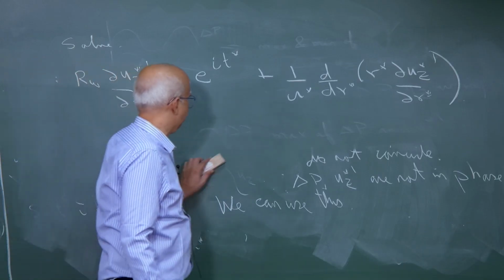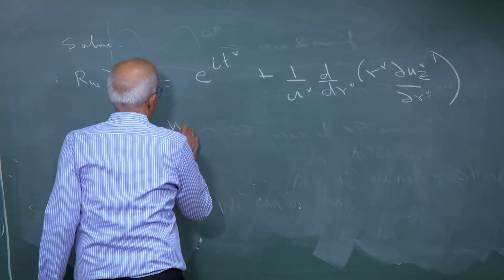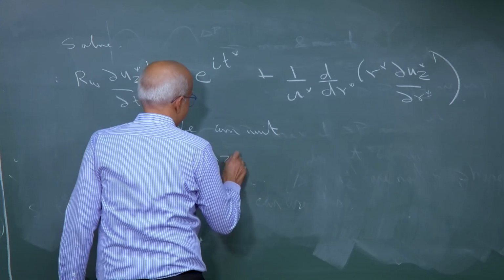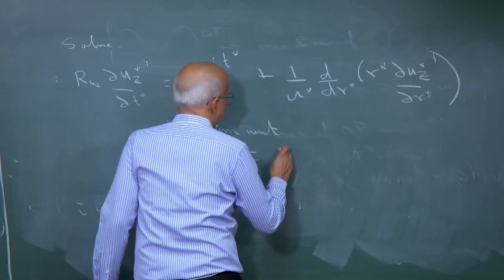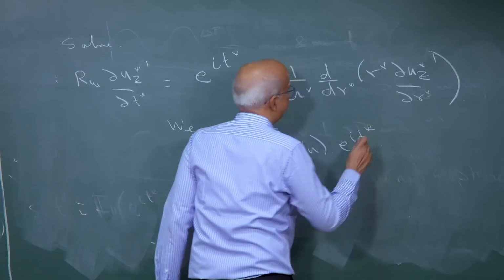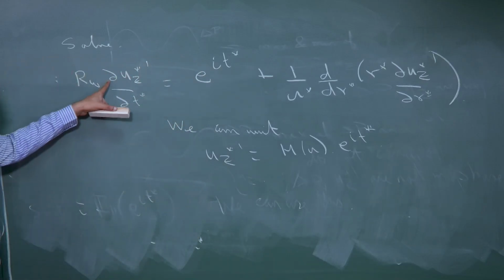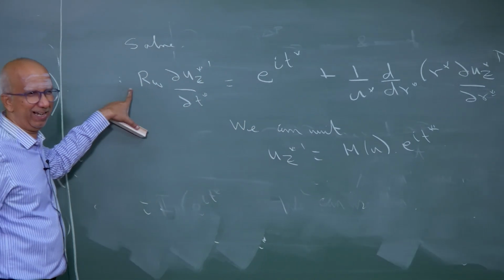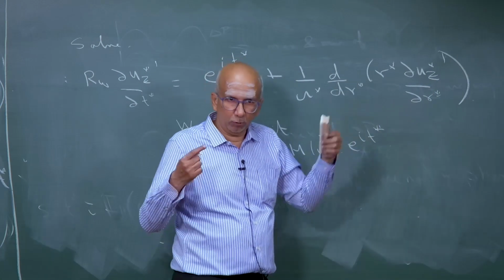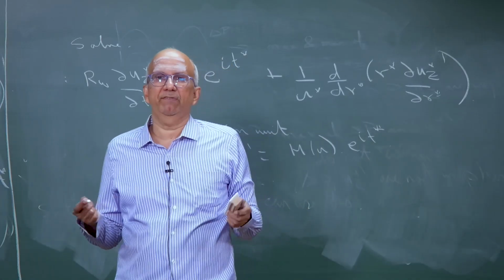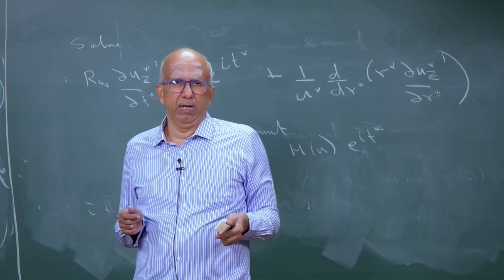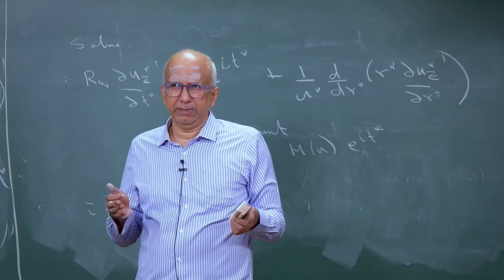So I can solve this problem because now we can write uz star of 1 as some h of r multiplied by e power i t star, because when I differentiate e power i t star, I will get an i times e power i t star, and I can cancel e power i t star. I get an ODE in r and I can solve, and after I find the solution I take the imaginary part of the solution. So this is the way to do it, but if you understand the general concept then you can employ it. Thank you.